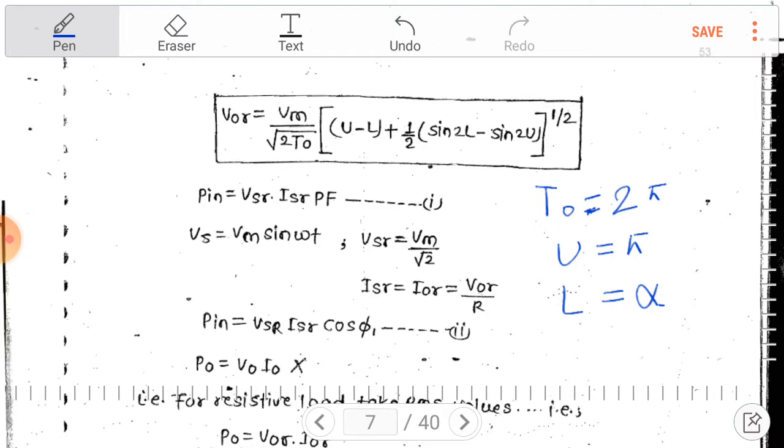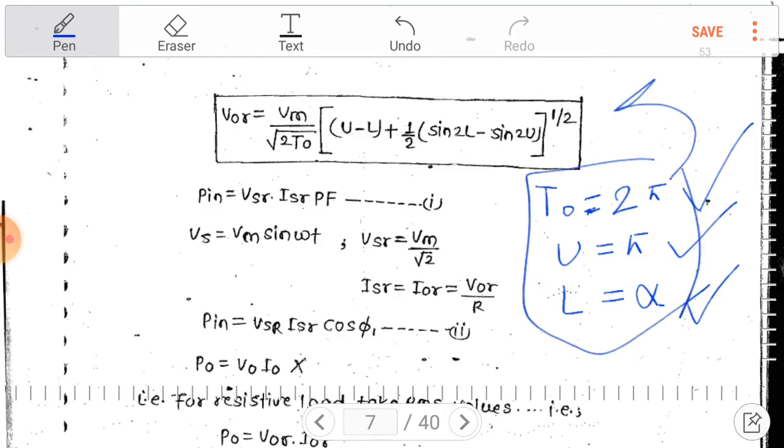Here in single phase half wave rectifier with resistive load we have time period 2 pi, upper limit is pi and lower limit is alpha. So if we put these values in this formula we get the equation of V output RMS which we derived previously.